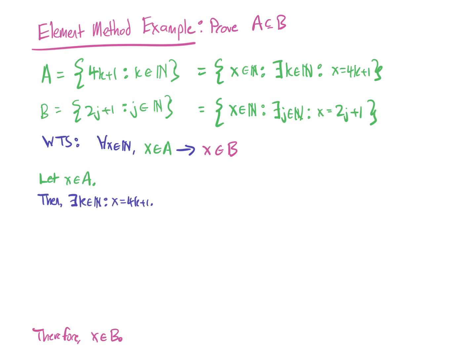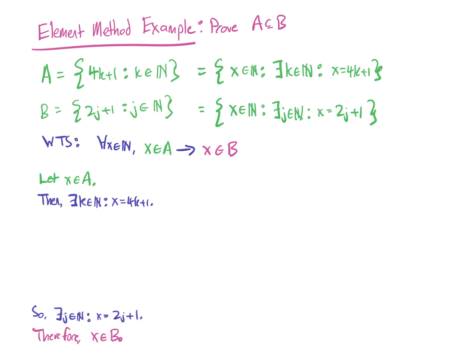That's what the definition says. Similarly, down at the bottom here, where I want to get to is there exists a j in the natural numbers such that x is equal to 2 times j plus 1. So what I need to do in between is take the hypothesis or the supposition that there exists such a k and use it to construct such a j.